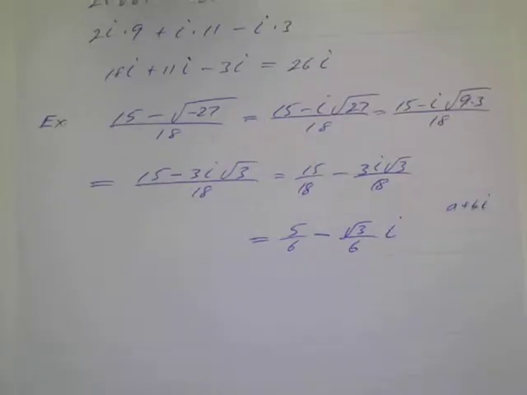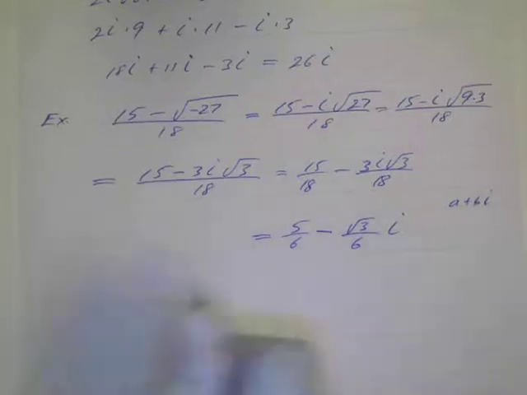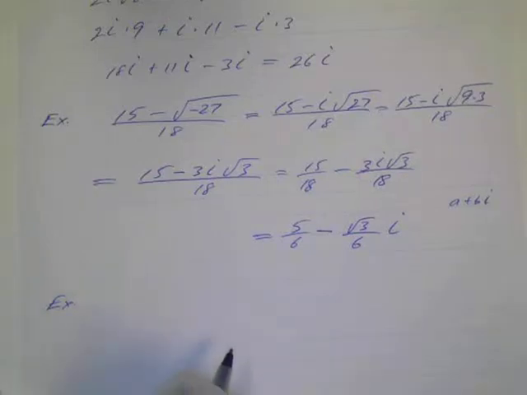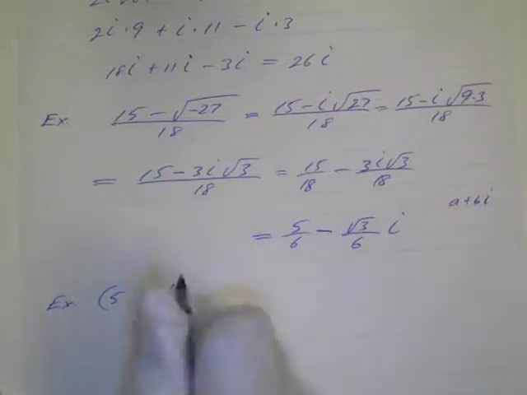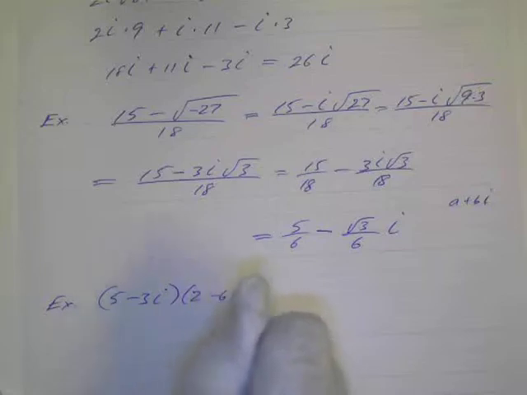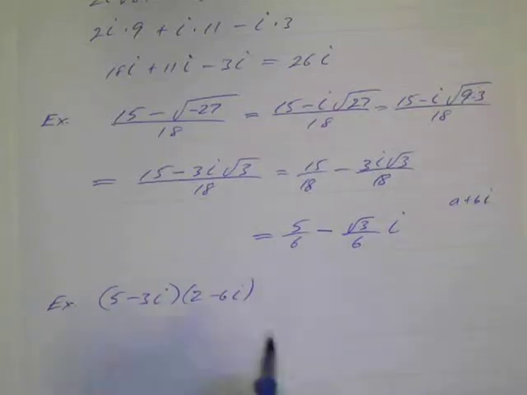Here's another example of things you might see here on your assignment. 5 minus 3i times 2 minus 6i. So what we've got is a binomial, so we're just going to multiply this out using our FOIL process.